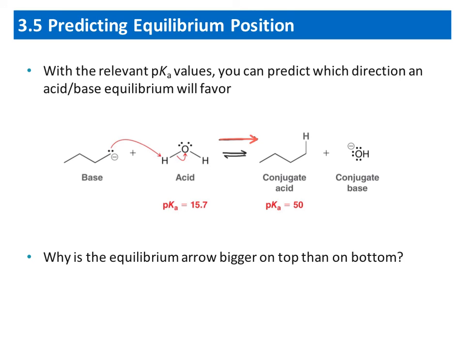Now if you want to answer the question below, why is the equilibrium arrow bigger on top, meaning that it favors the product, not the starting material?